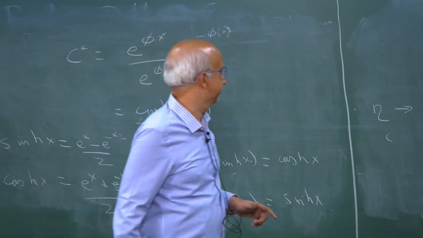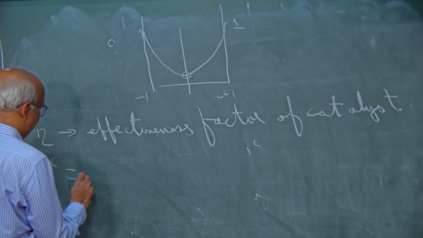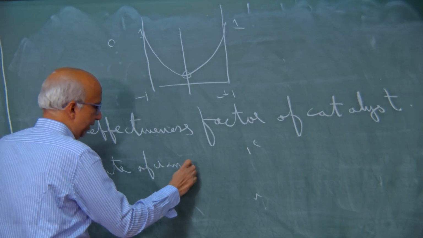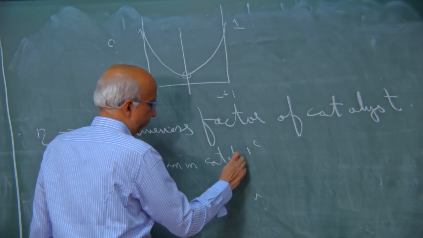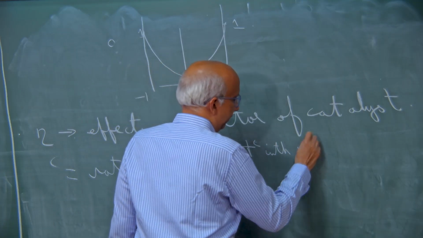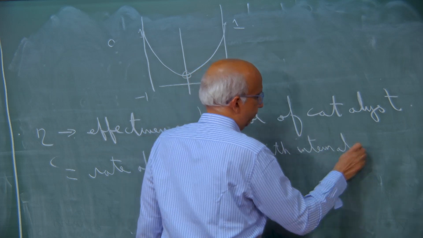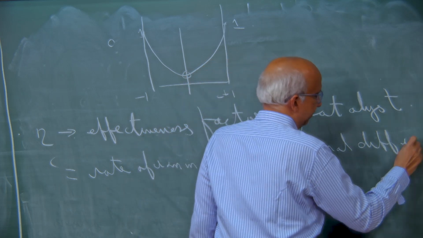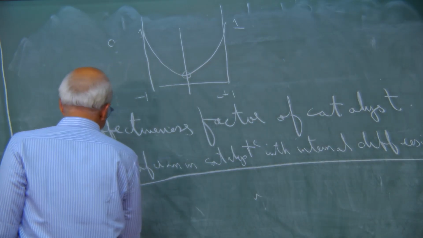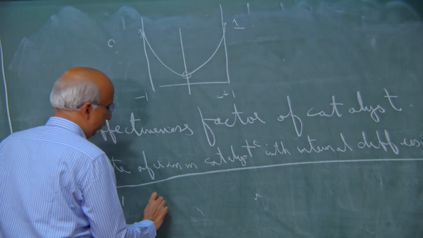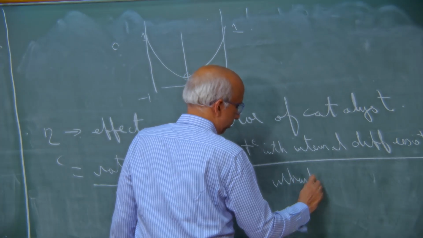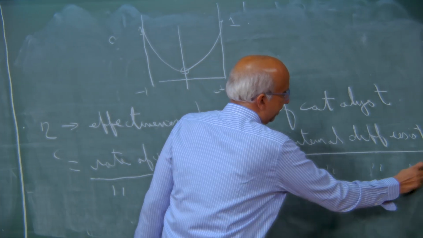That is, this is defined as the rate of reaction in the catalyst with internal diffusional resistance, divided by the rate of the reaction in the catalyst without internal diffusional resistance.